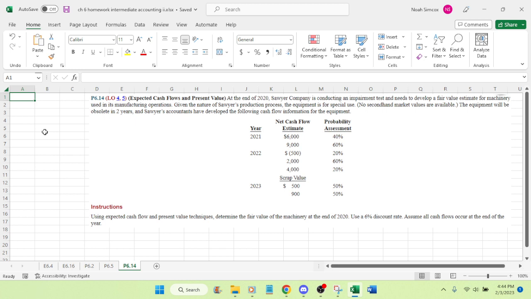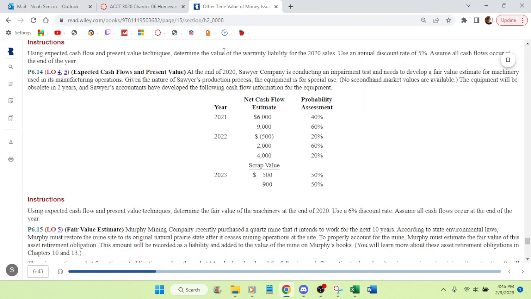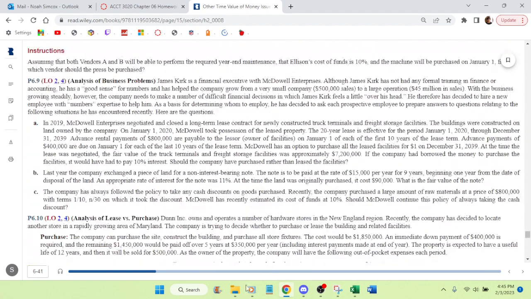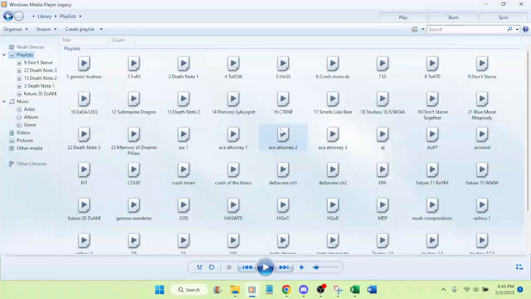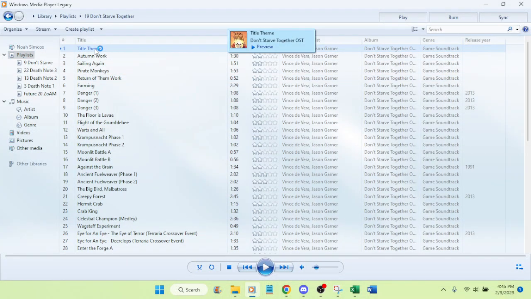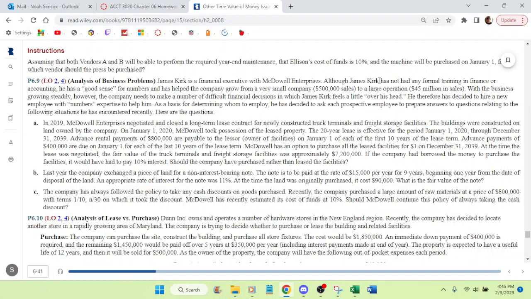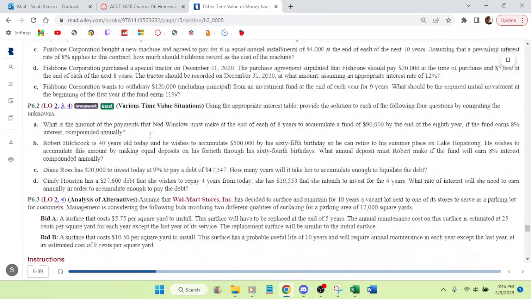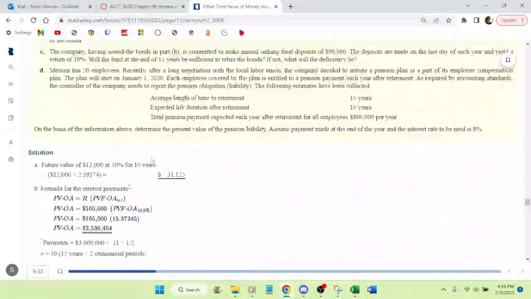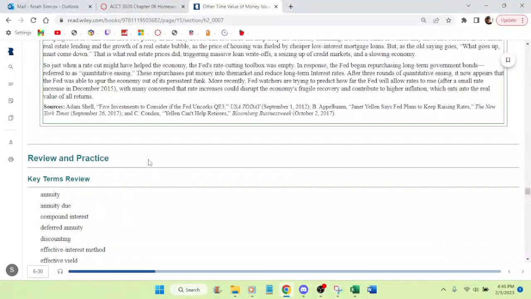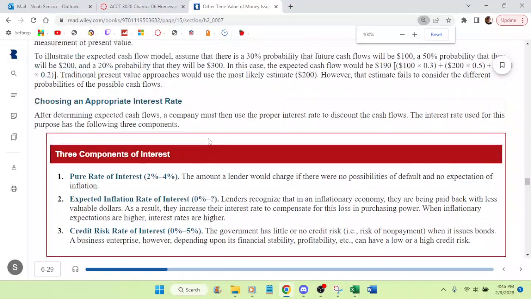This is weird. How do I do this? Dude, it's going to take even longer to scroll up because of that.